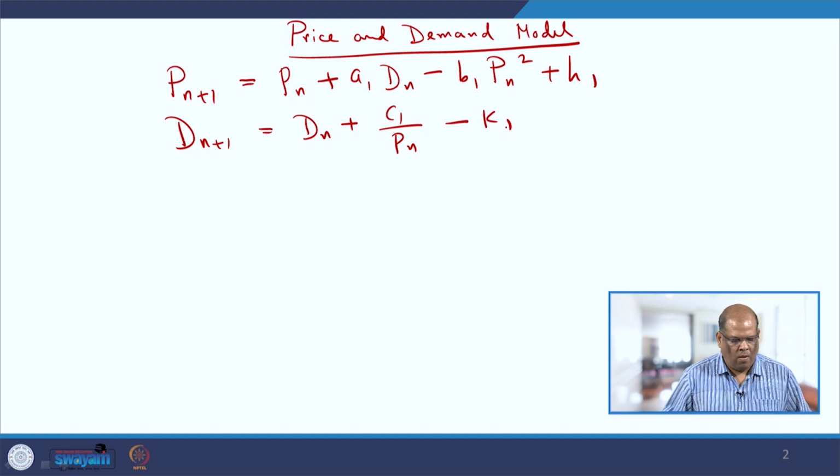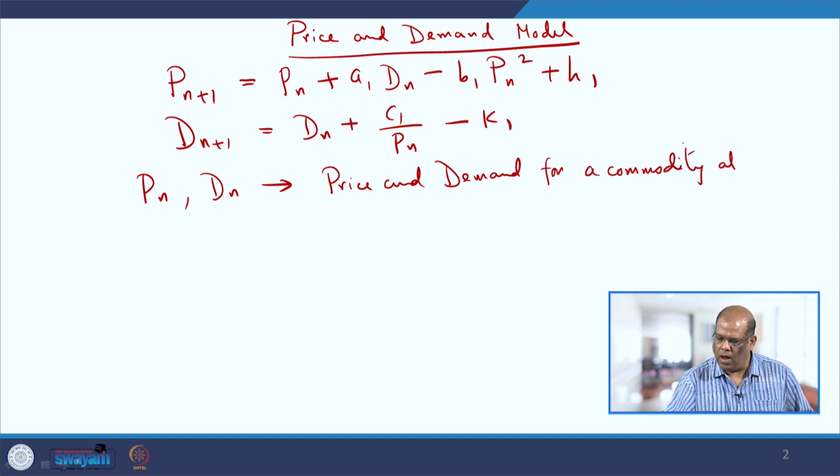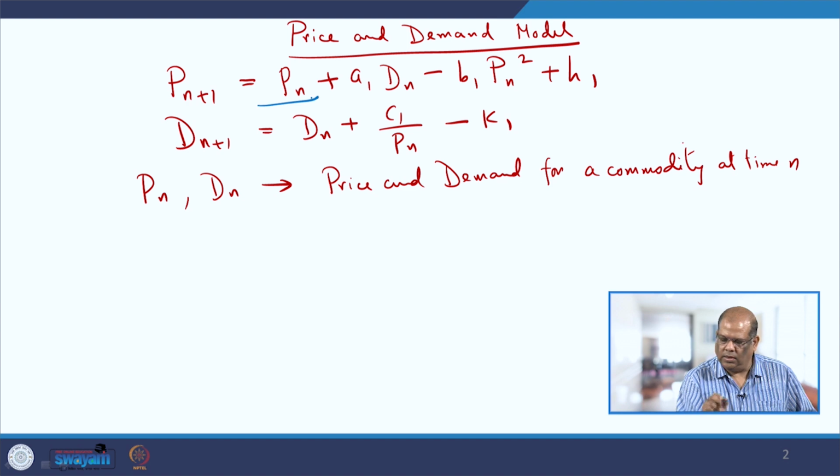So, Pn and Dn are the price and demand for a commodity at time n.